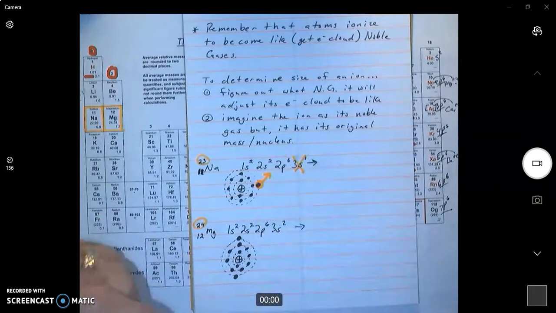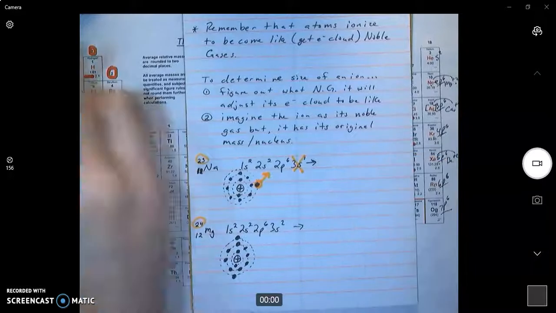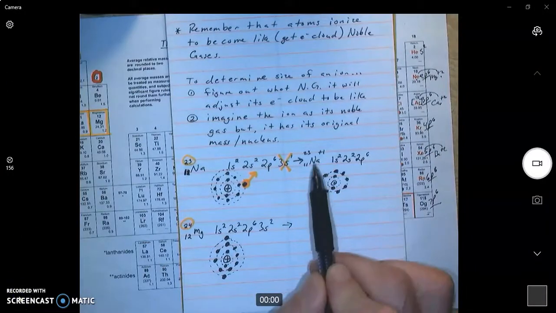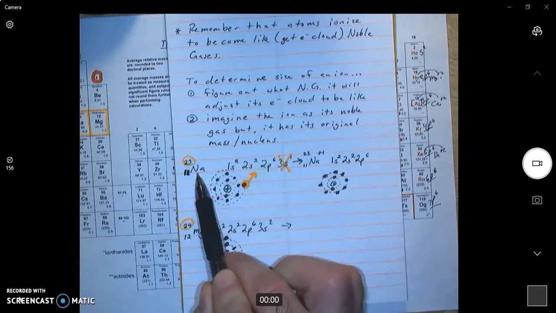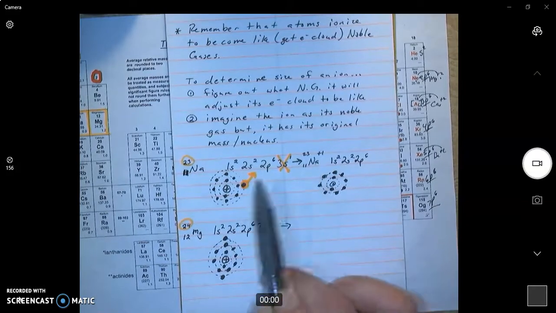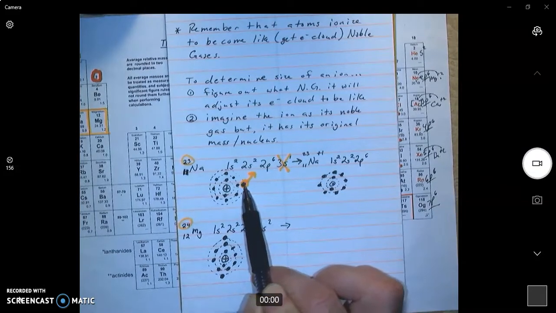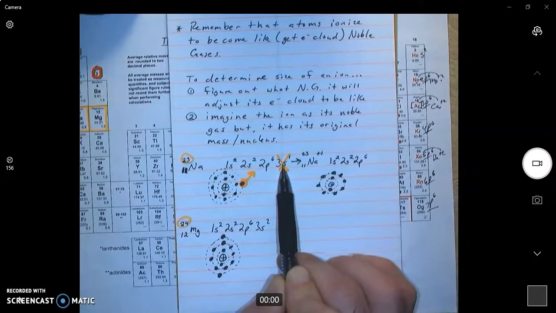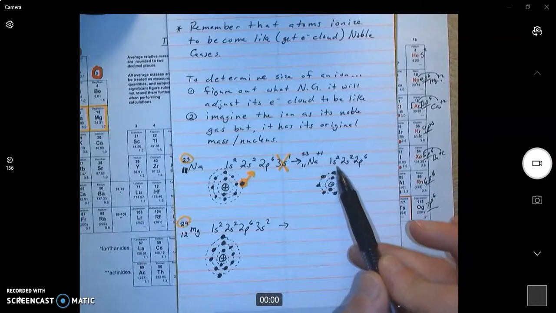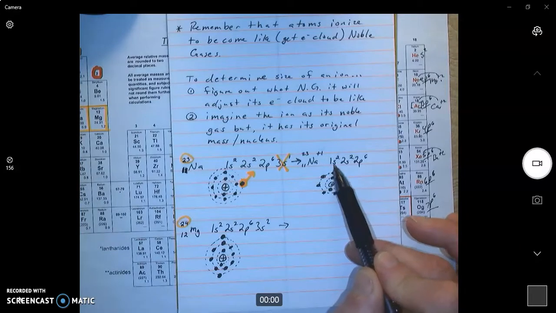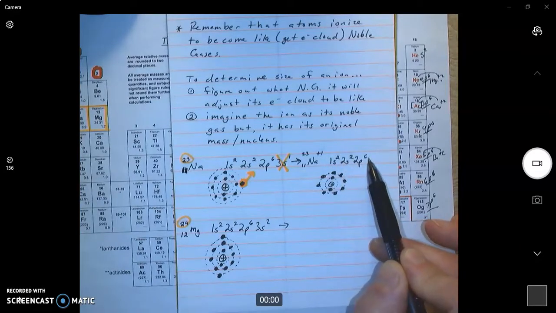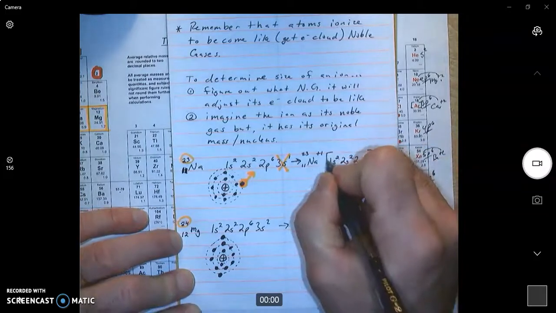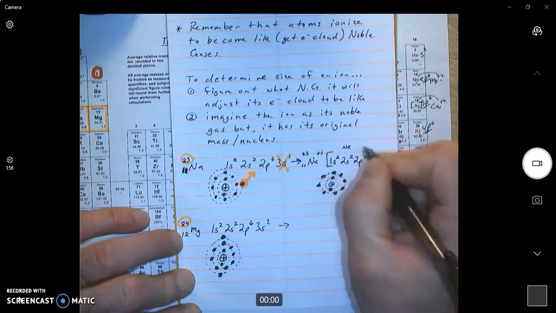So our new configuration is going to be that of neon. When sodium becomes the sodium ion, when it loses that one electron on its outermost energy level, it gets rid of the 3s sublevel altogether. It takes on the configuration 1s2, 2s2, 2p6. That happens to be the configuration of neon.